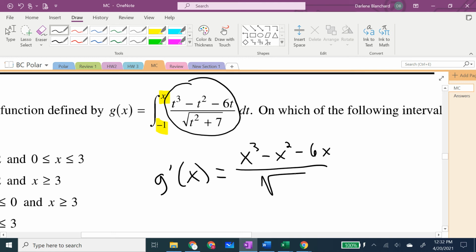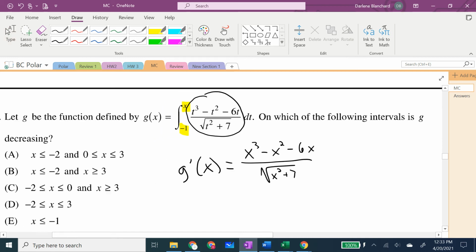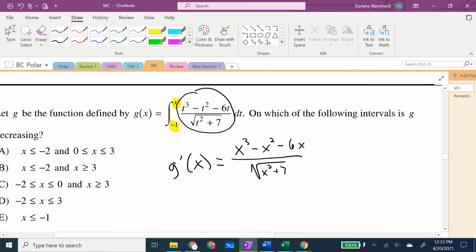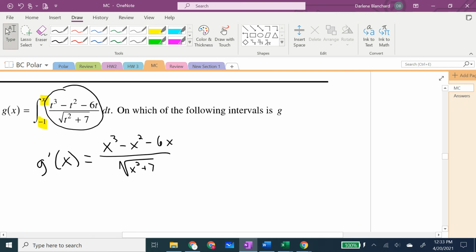You are expected to think about where this function is positive versus negative. We want to know where it's decreasing. Let me point out to you that this denominator is positive at all times. We're down to when is this polynomial negative? You're expected to think, how do I solve polynomial inequalities?